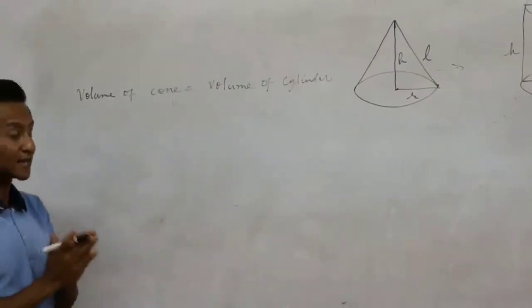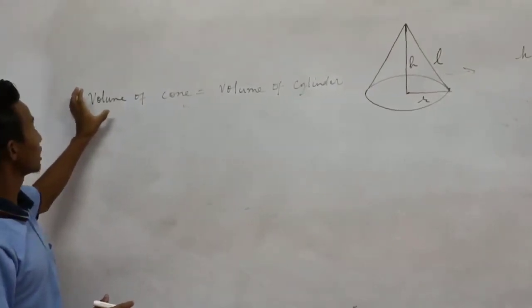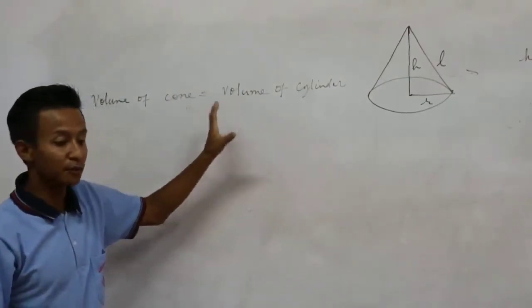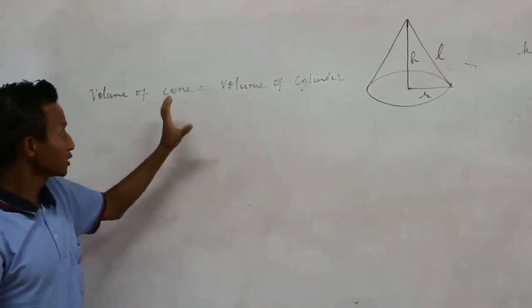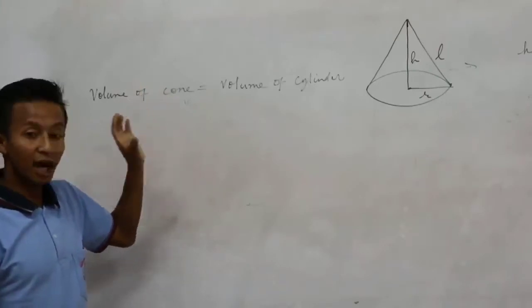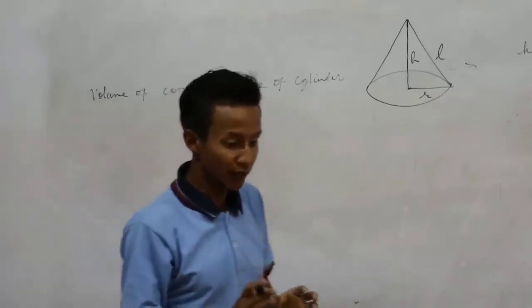But the question is, will one cone equal one cylinder? That is the question. Here I'm going to show an activity of how many cones will equal one cylinder. So I will perform an activity.